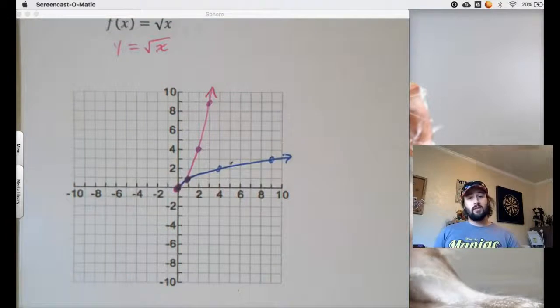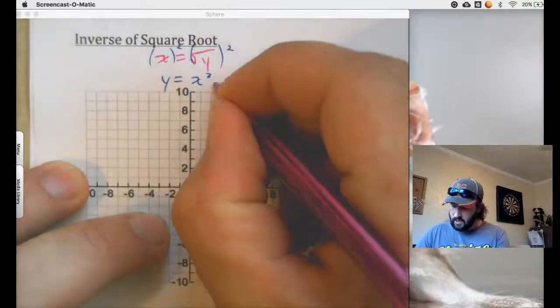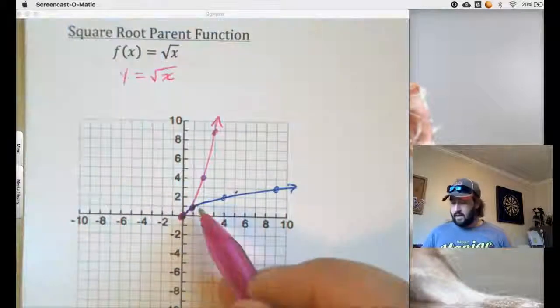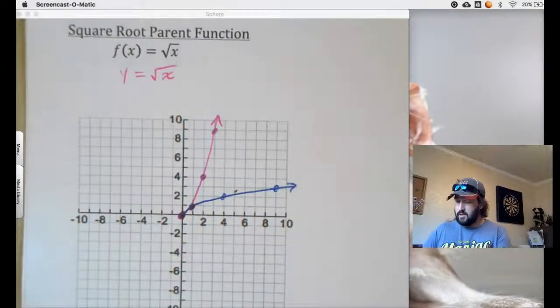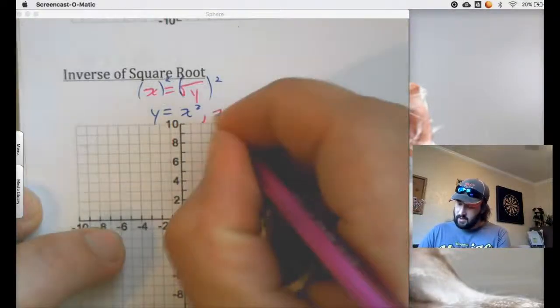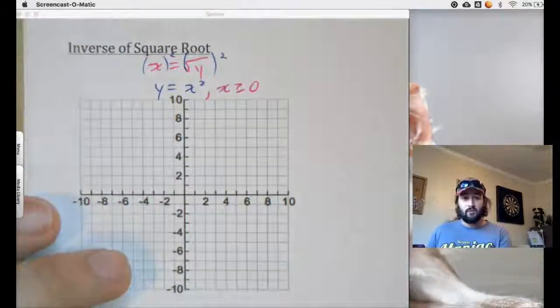So what you're going to start to see is restrictions on the domain. The way that this is written is y equals x squared, and notice we only had the positive x values. I didn't go anywhere where I had negative x values. So we say y equals x squared, as long as x is greater than or equal to 0, is the inverse of the square root.